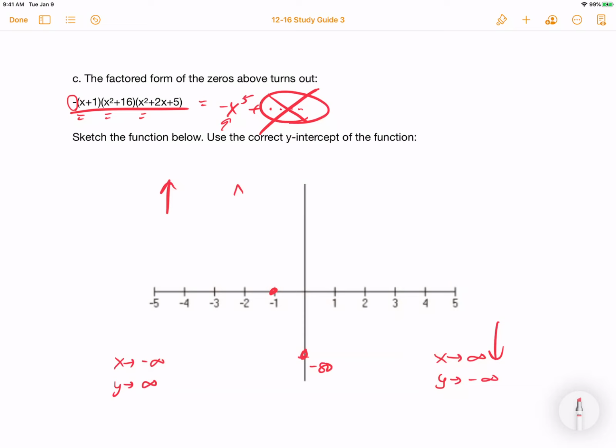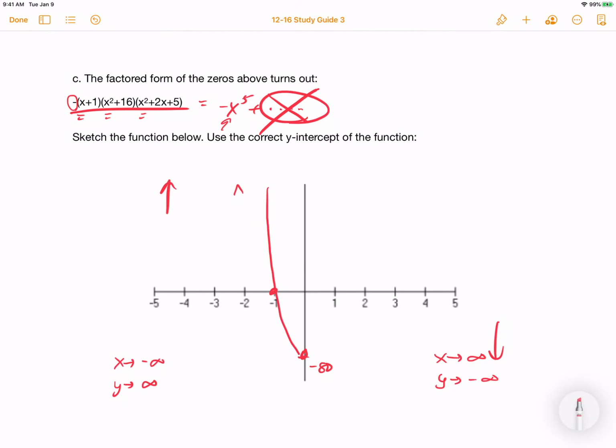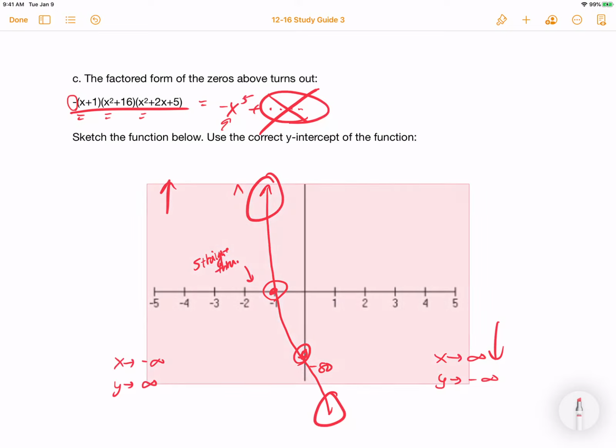So if you were to draw a straight line down like this, or if you want it to be a little bit more fancy, just do a little curve here, it's no problem, as long as you indicate that at the zero there, you go straight through. Then I don't think we're going to have any problem. Your end behavior matches along with your y-intercept, so I believe that's going to be fine.